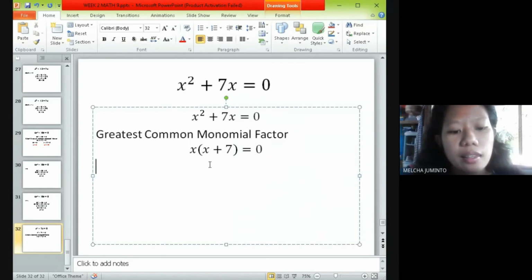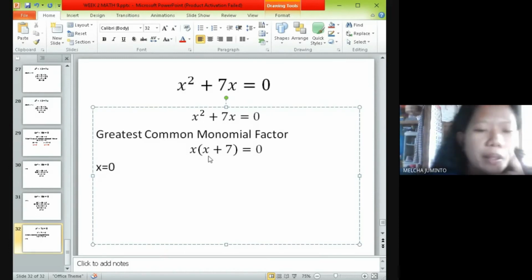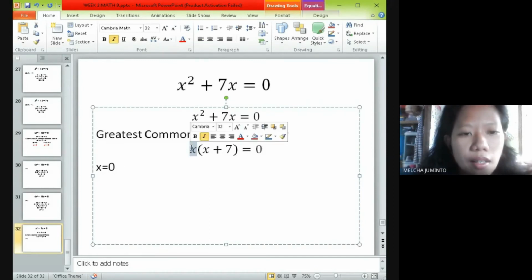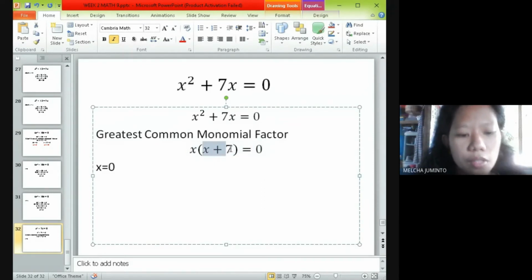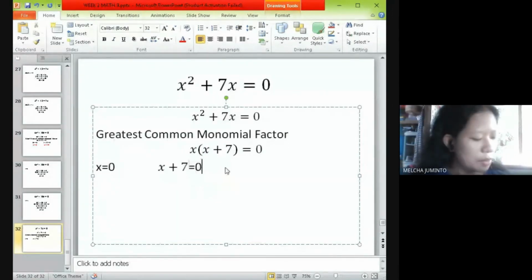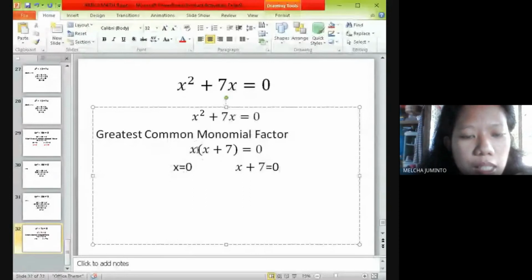Therefore, we can write x equals 0, because in the zero product property, you express each of the two factors as equal to 0. So x equals 0, and x plus 7, which is the other factor, will also be equal to 0. This is called the zero product property, found on page 29 of your book. Once you have factored it out, you can separate the two factors and set each equal to 0.